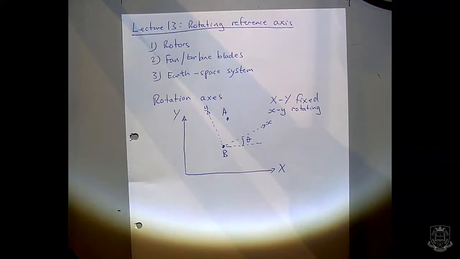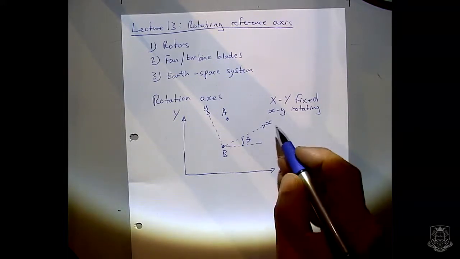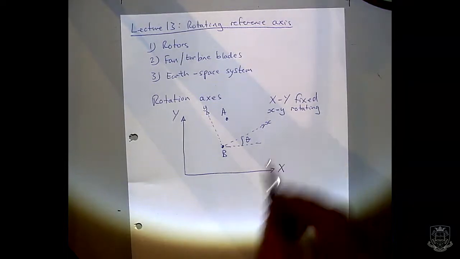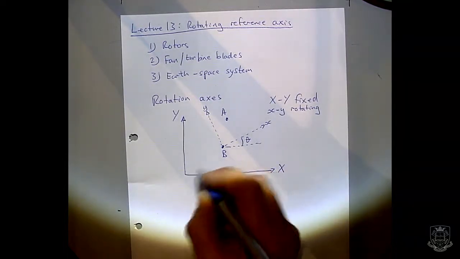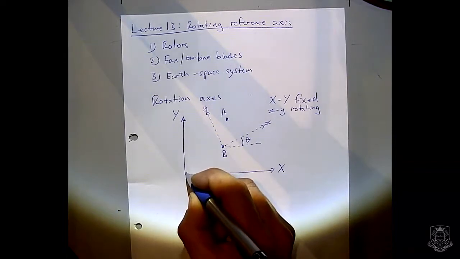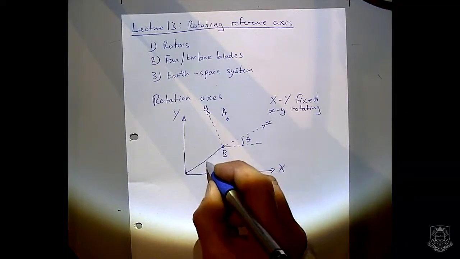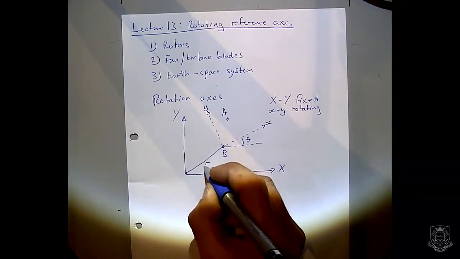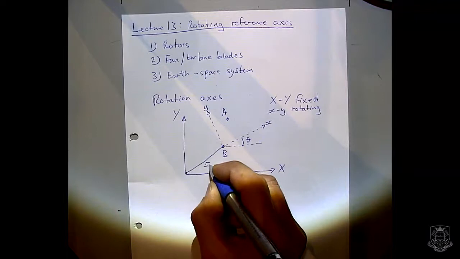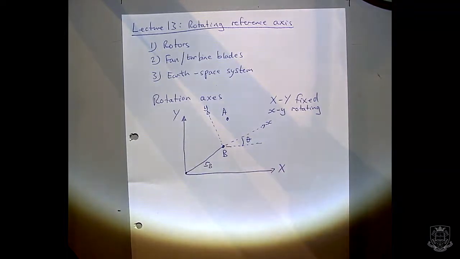So there's several things to set up now, isn't there? If we want to relate big X and Y to small x and y, first thing we need to know is what the distance is of point B from the origin of the fixed frame, isn't it? Okay, so that's a vector here, which we'll call RB. You notice also that point A is in our rotating frame at the moment, isn't it?